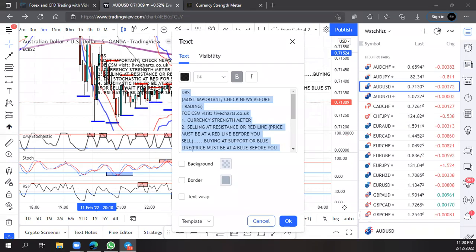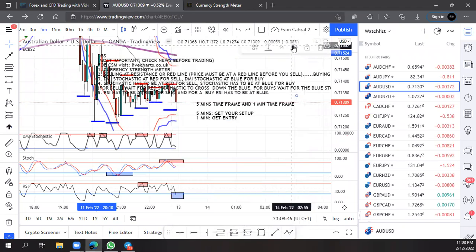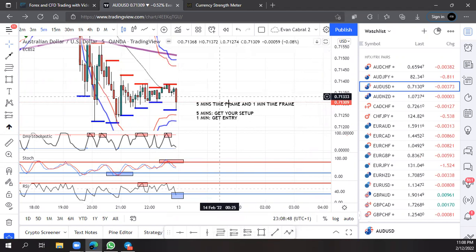Guys, hope you've been able to get the whole blueprint. I've sent it out to every single person, so I don't think anybody should be having an issue. I think we're good to go.